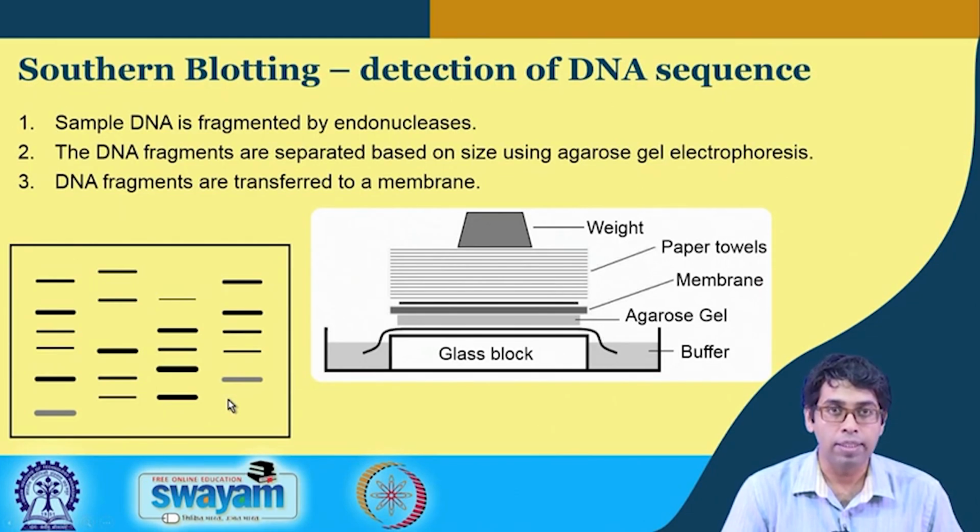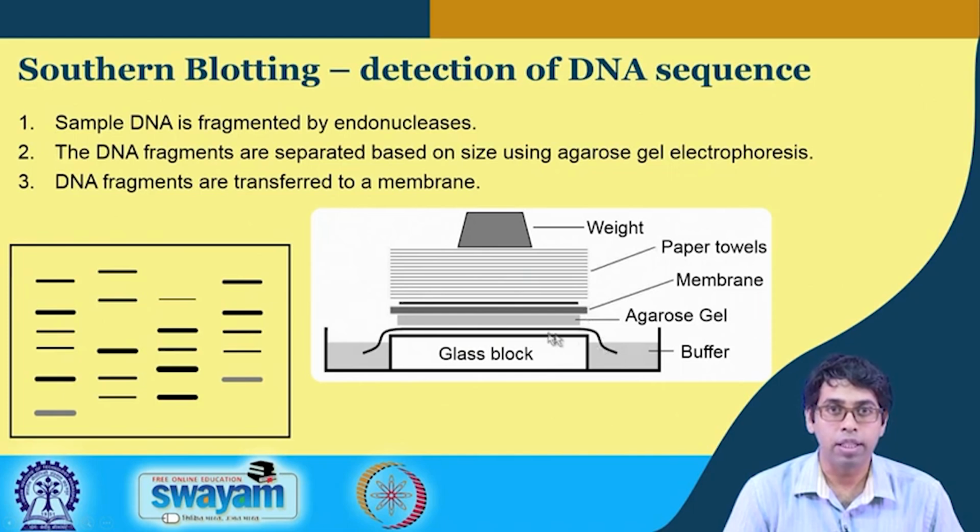So all our DNA samples are separated according to their size in this agarose gel, and on top of that agarose gel, this black one is the membrane. Let's say it is the nitrocellulose membrane, and then on top of that we will put a stack of paper towels and then put some heavy weight at the top, so that this whole setup is nicely compressed, and with time the DNA molecules will move out from the agarose gel into the membrane.